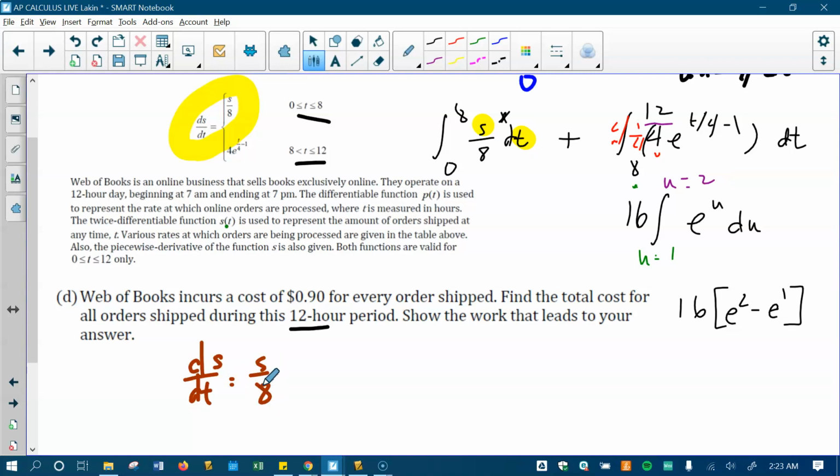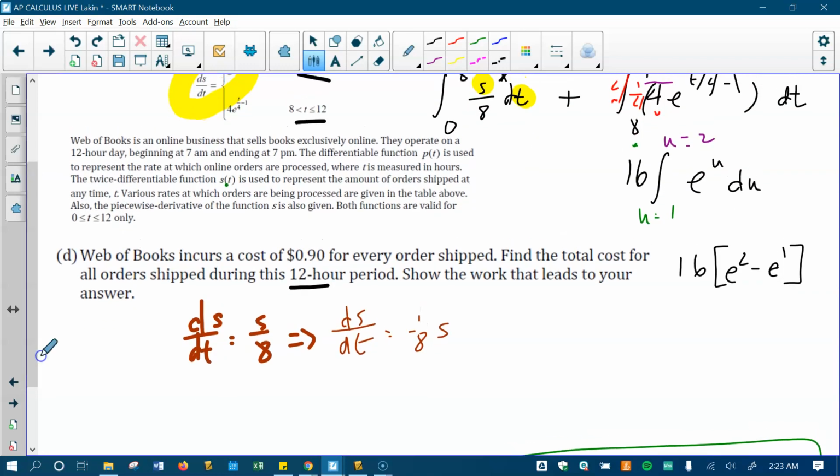ds dt equals s over 8 is the same thing as writing ds dt equals 1/8 s. A couple weeks ago, I had taught you that if you have something like dp dt is equal to k times p, that means that you have proportionality, that your rate of the population is growing proportional to the population.